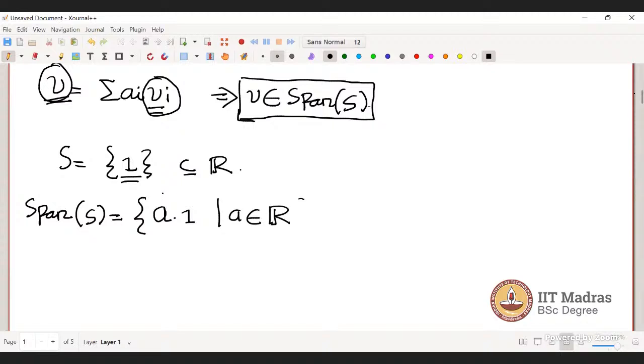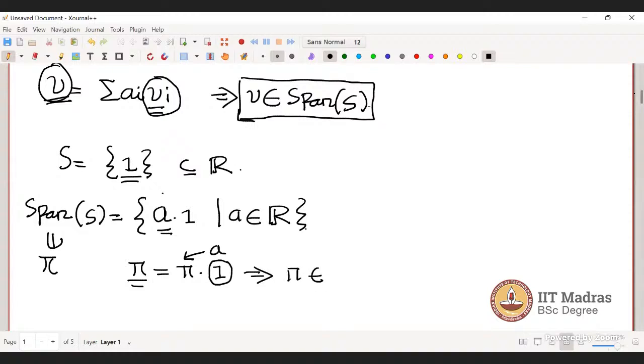If I take any real number, maybe 5, maybe pi, then pi is also in the span of S. Because I can write pi as pi times 1, where my scalar is pi. So since I can write pi as a linear combination of 1, pi is in span of S.